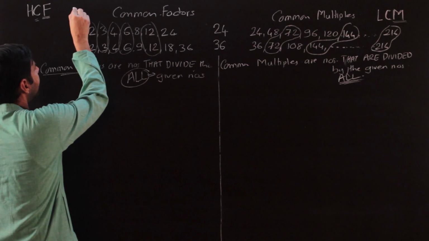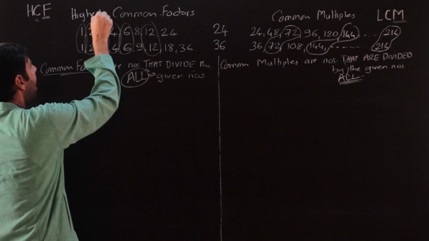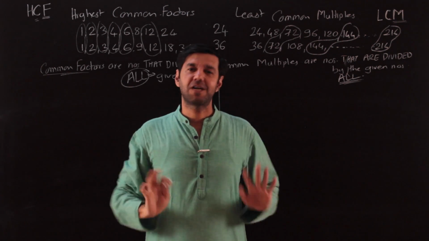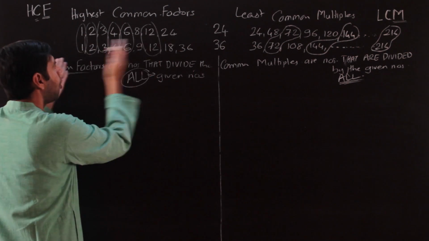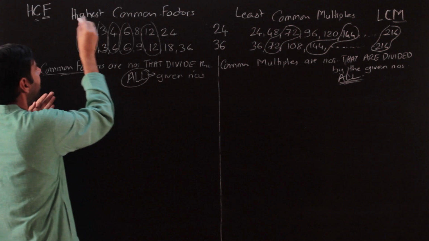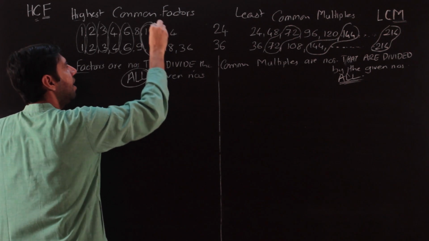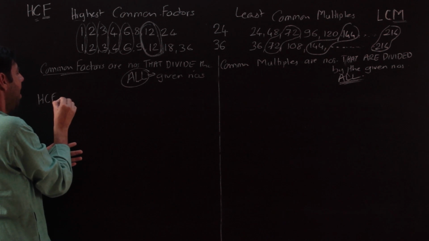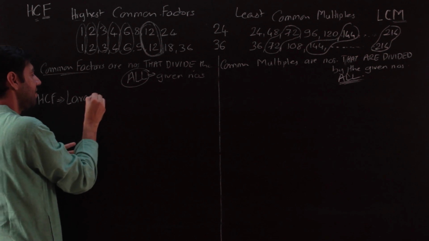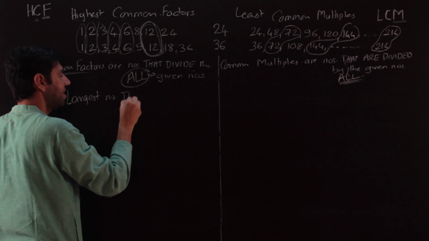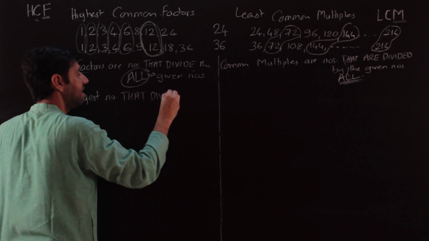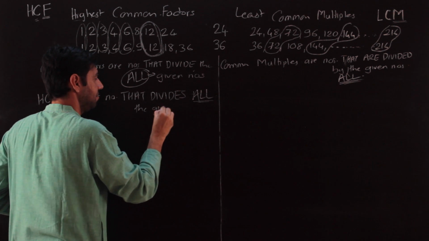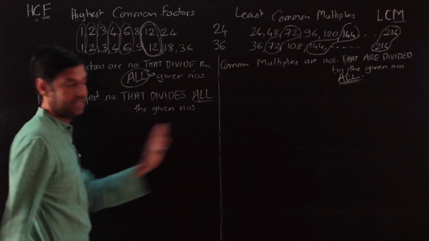The word H obviously stands for highest and the word L stands for least. These should be the least of your concern. They simply mean there are many common factors, so which one do I take among the common factors? The HCF says the highest one, the largest one. So HCF is nothing but the largest number, I again write it in bold, that divides all the given numbers, the numbers for which you are finding the HCF.